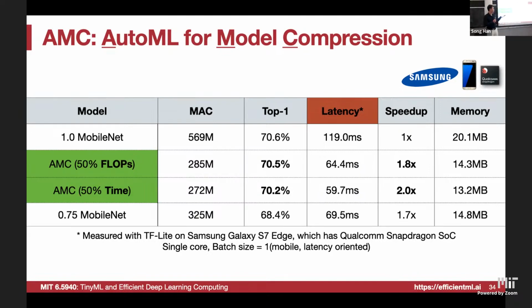Versus the naive approach, where we just train a 0.75 MobileNet, which is basically uniformly shrinking each layer by 25%. Here we can find the speedup is almost 70%, which is lower than the AMC-based approach. And across these 3 models, do they all have the same test accuracy? Accuracy is in this column. Oh, got it. Actually, this one has even worse test accuracy.